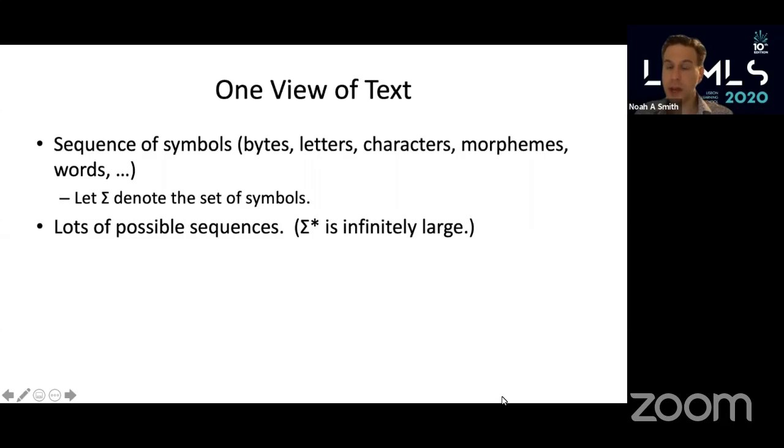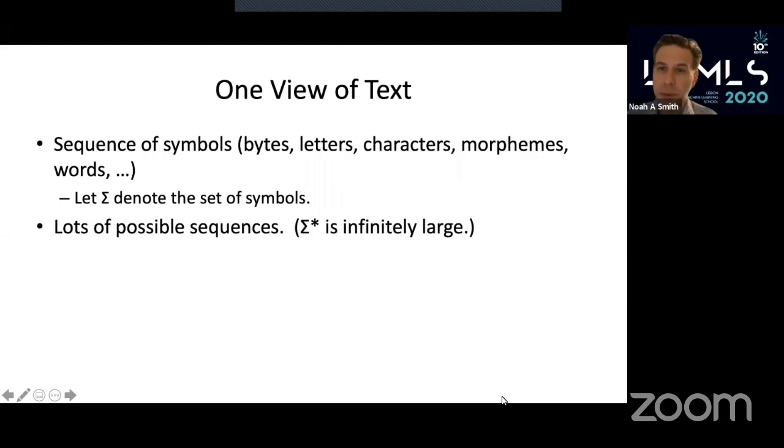So I'm going to use the symbol sigma to denote the set of symbols. So these will be usually our words in the vocabulary. And so once we sort of lay that out, we realize there are a lot of possible sequences that we could build. In fact, there are infinitely many. We use, by the way, sigma star to denote the set of all possible sequences of any length.